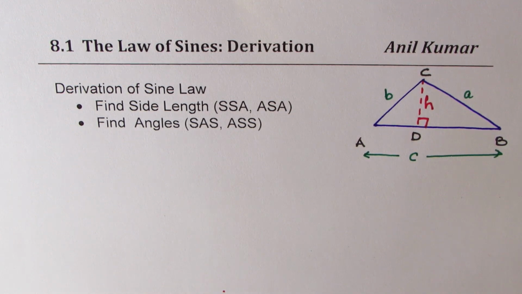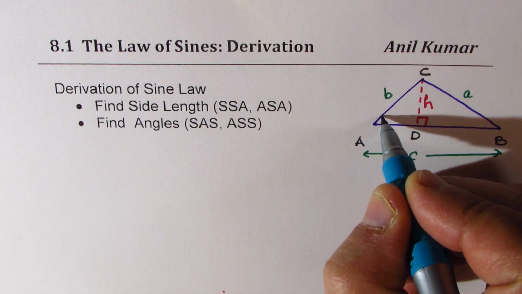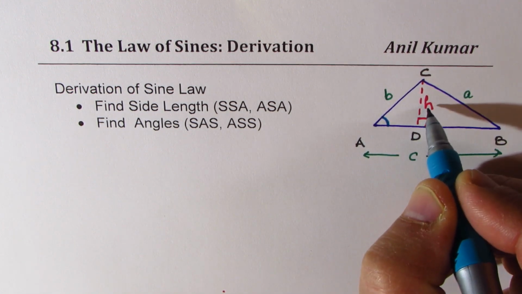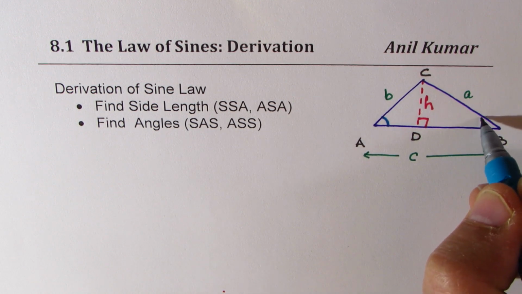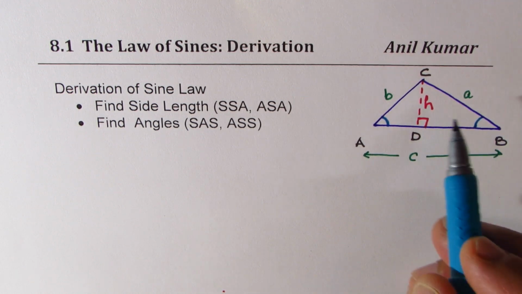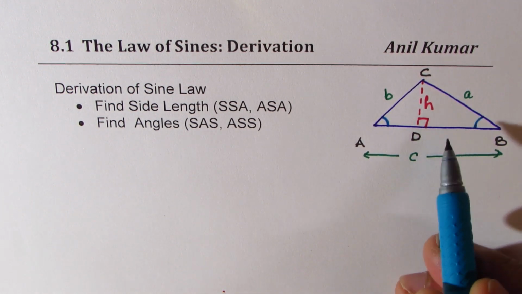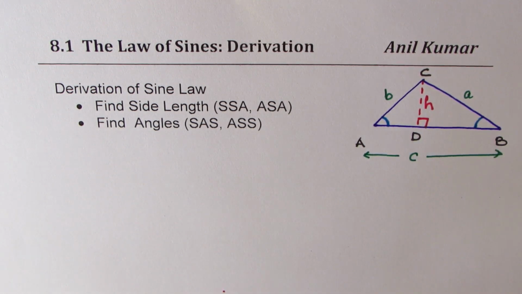Now what we will do here to derive sine law is relate sines of angle A with opposite and hypotenuse, and also sine of angle B with opposite and hypotenuse, in these two triangles, and get a relation.